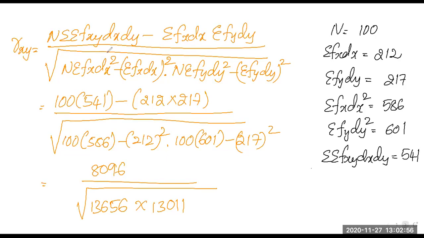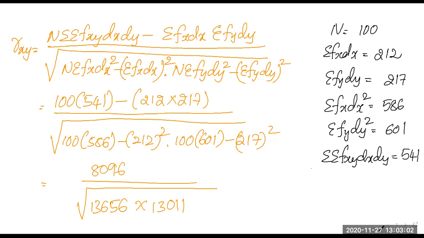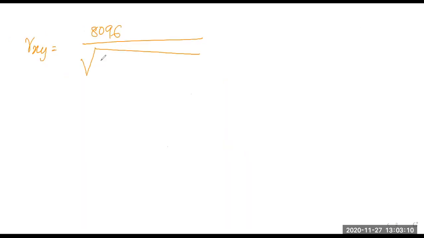rxy is equal to 8096 divided by square root of that multiplication we need: 13656 into 13011. That gives 177,678,216.